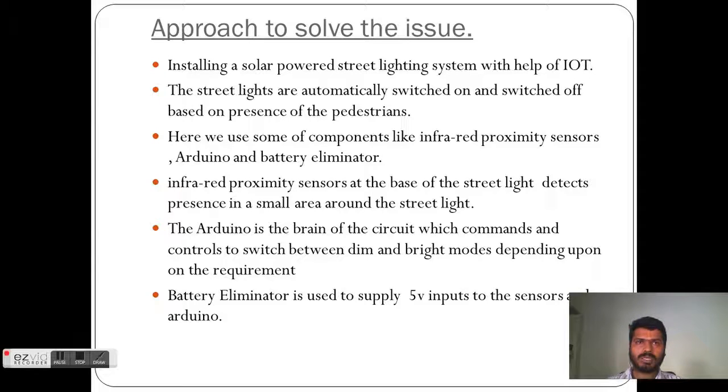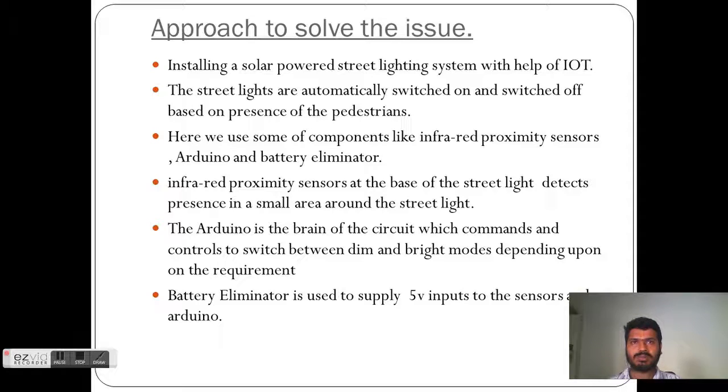So, what is the idea to solve this, or what is the approach? There are many ideas and approaches that could solve this problem, but I took an approach like this: why could we not equip a smart street lamp which is switched on and off at the necessary instance of time?